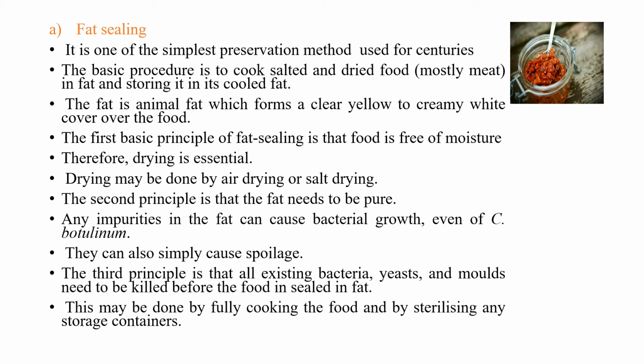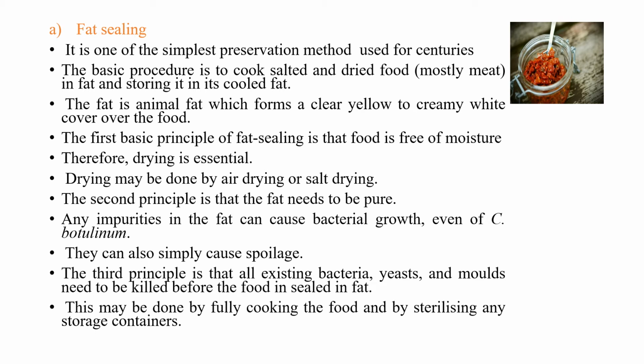And the first basic principle of fat sealing is that the food is free of moisture. We have already said that we are preparing cooked, salted and dried food. So the basic principle behind this is that such food will be free of moisture. Since the food is free of moisture, the chance of contamination is also very low.